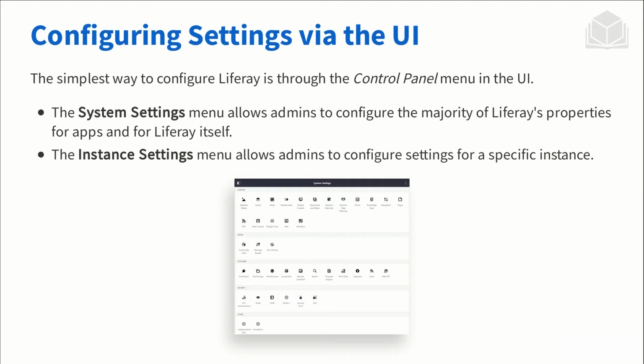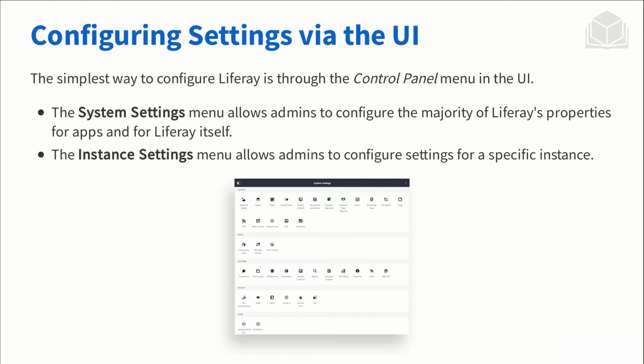The standard for those config files is, well, you can configure them through the user interface. You can configure files through the user interface? Really? Well, yes. We have some settings, actually quite a lot of settings, that you find in the control panel, in the system settings or instance settings, that display a couple of these little icons that you see on the slide.